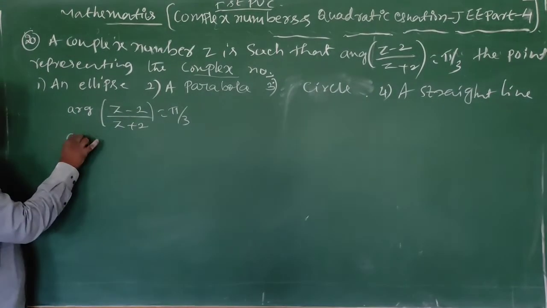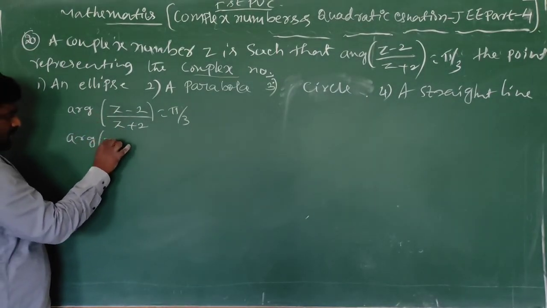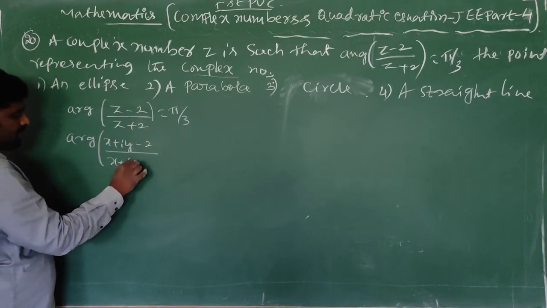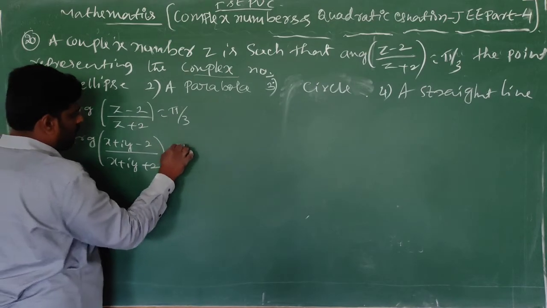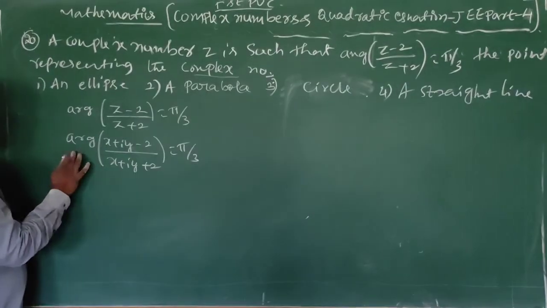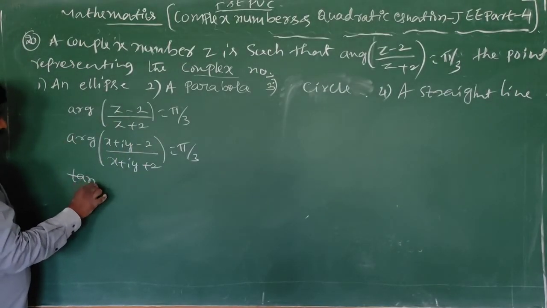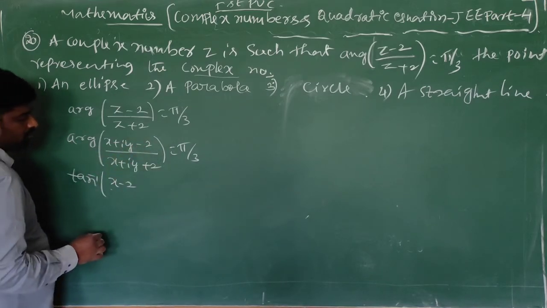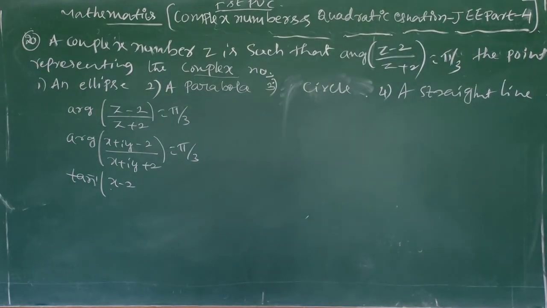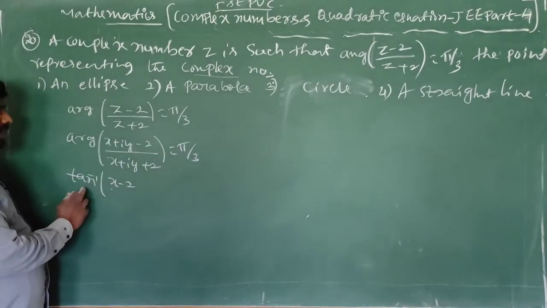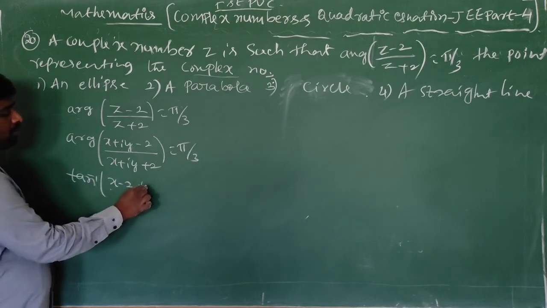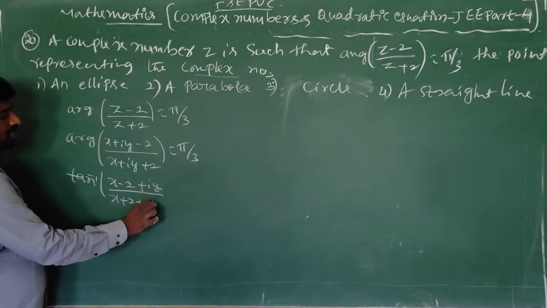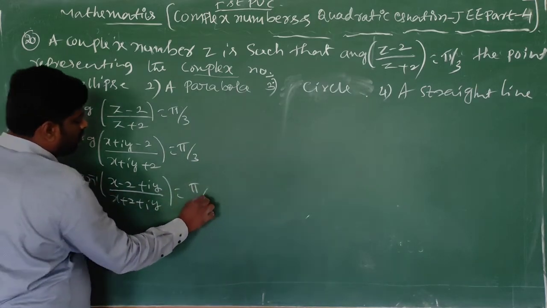So now z is what here? (x plus iy minus 2) divided by (x plus iy plus 2), its argument is equal to pi by 3. So now the argument of this is tan inverse of (x minus 2 plus iy) divided by (x plus 2 plus iy), equal to pi by 3.